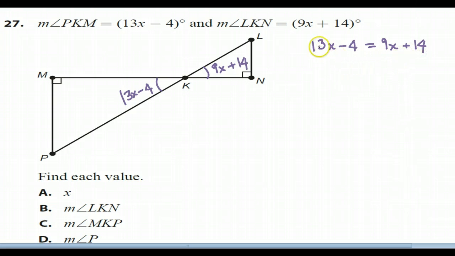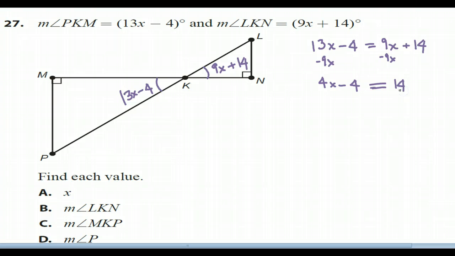So I'm just going to go ahead and solve for x. Use what I know. So I'm going to subtract 9x from each side, and that will give me 4x minus 4 equals 14.